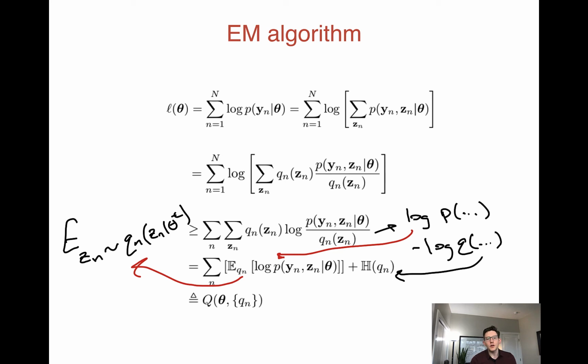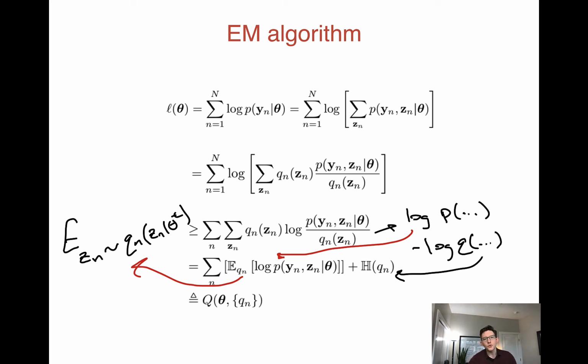Okay, but that was a long way of saying that we've defined this function Q that's a function of two things, theta and these auxiliary distributions Q of n, and that this is a lower bound on our likelihood. So this is going to be our Q function.